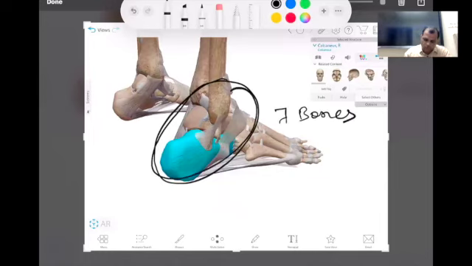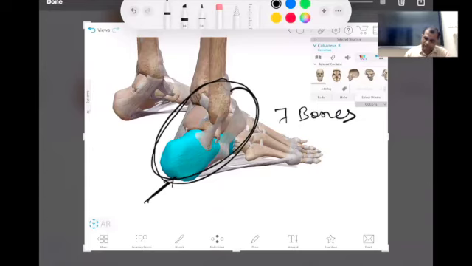And the lowermost bone is called calcaneum. So this calcaneum is the number one cause of heel pain.